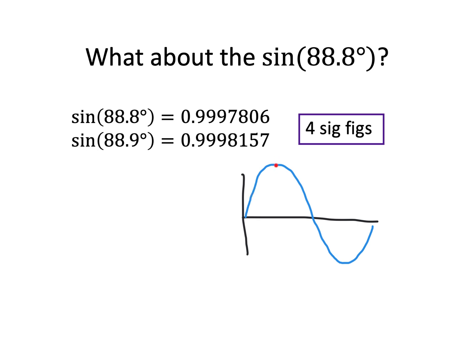But if I'm close to 90 degrees, where the sine function is a maximum, the sine function is flattening out. And so from here to here, there's not as much of a vertical change. That is, my sine isn't changing as much as I change the angle. And so the uncertainty of this function here is less than it would be over there. And that's why you can have different numbers of significant figures for sine and cosine.